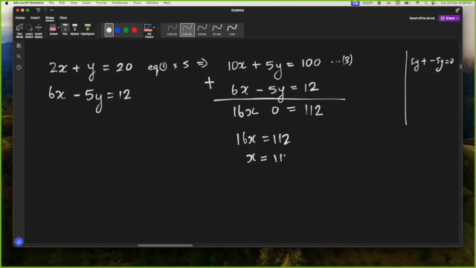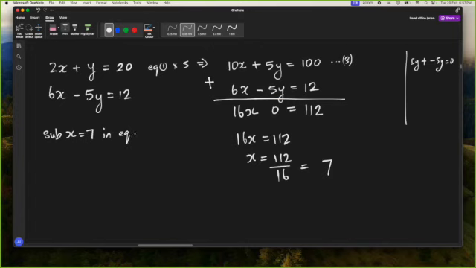X is 112 divided by 16. Is not another fraction. X is 7. X is equal to 7. I have 3 equations. I have equation 1, I have equation 2, and I have equation 3. I could use any one. Which is the easiest one? I would say equation 1. So let me go with equation 1.